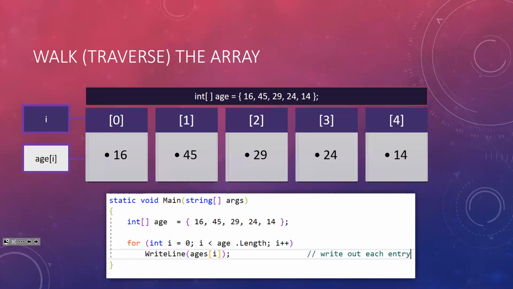So we might need to use the length property to find out how big it is. Okay, so add some comments to your code about that loop, whatever you need to say for it to be meaningful to you. So we're just using that i variable to loop through our array. And you'll hear programmers talk that way. They would say walk the array, loop through the array, because we do that so often.